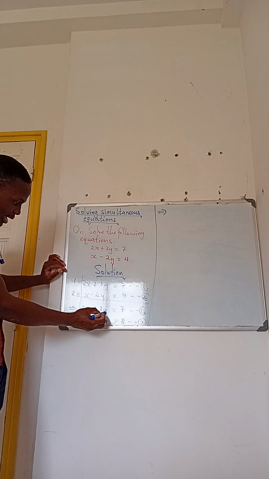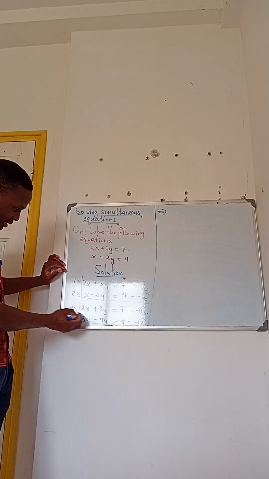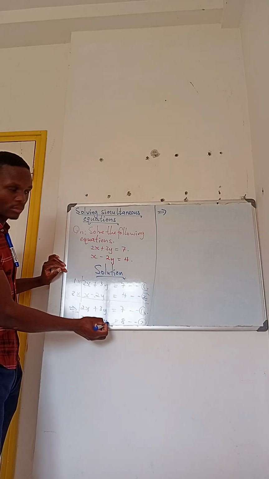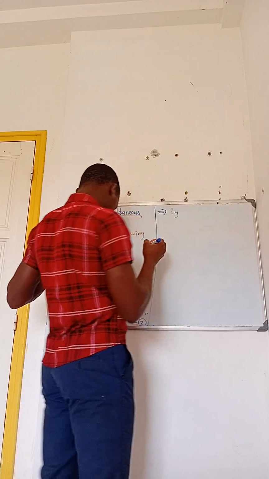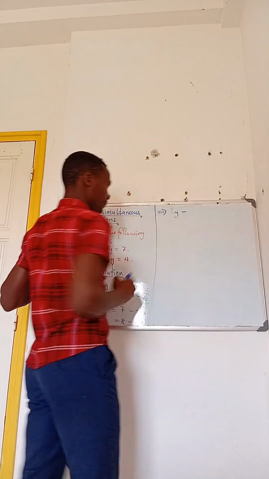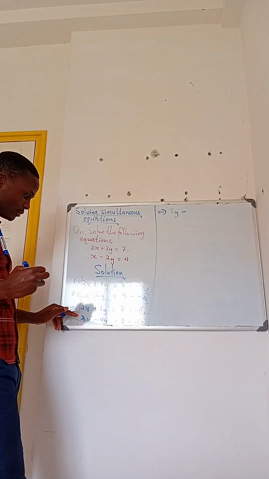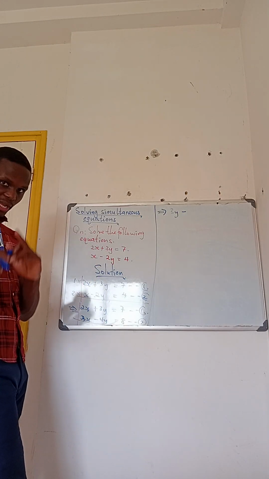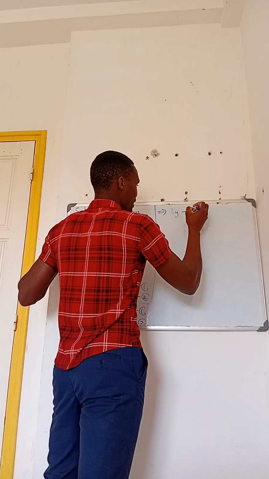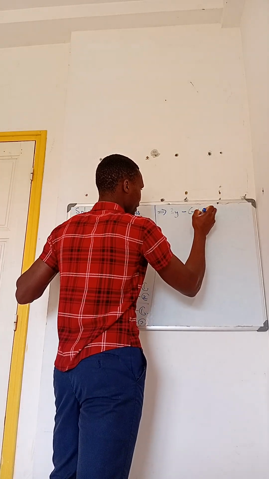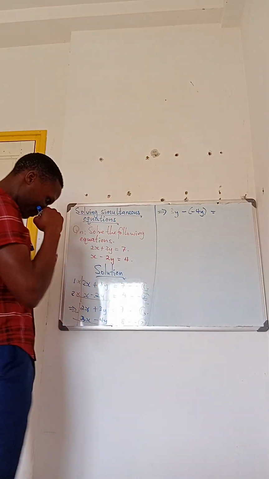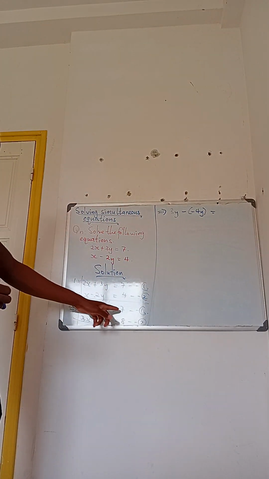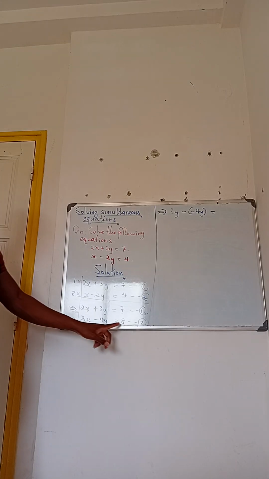We have got 3y minus 4y. Okay. So now we write 3y minus, okay, this minus. Then we have got negative 4y. So it's wise to create a bracket. So we write minus negative 4y, which is equal to 7 minus 8.